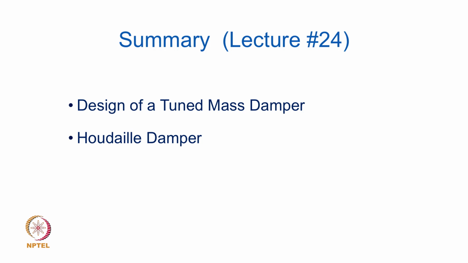The attached system is then called a tuned mass damper, where the mass damper is tuned at a frequency which is not necessarily the same as the parent natural frequency. In fact, it will be slightly different, but also you suitably adjust the damping in the absorber, so that over a very wide range of operating frequencies, the large amplitudes of vibration can be contained.